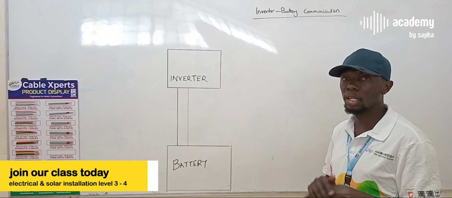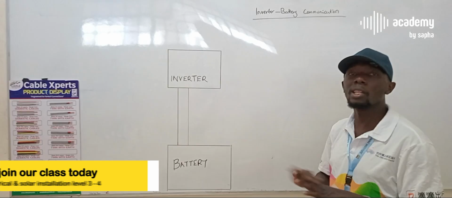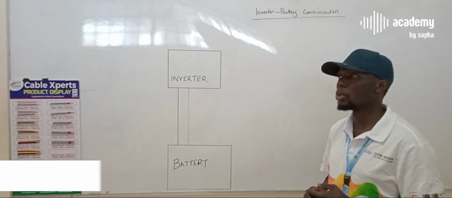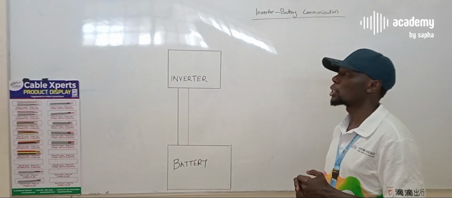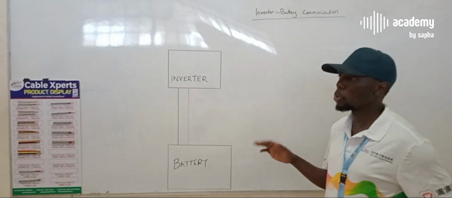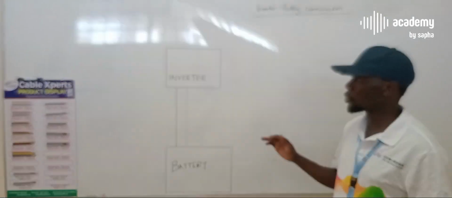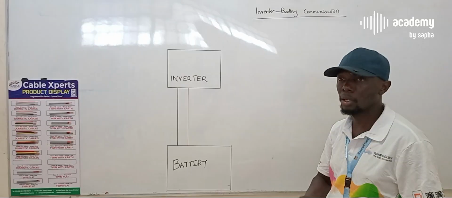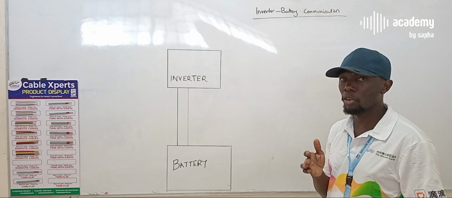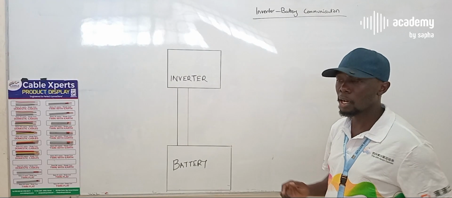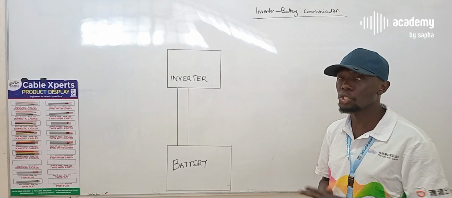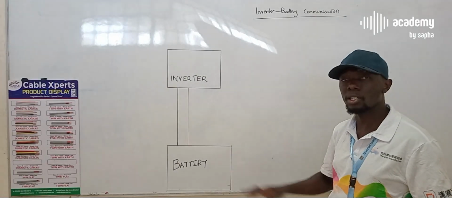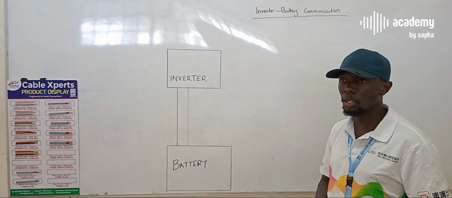So temperature, state of charge, all that, the inverter will never know. Now, we shall look at ways of ensuring that the communication between an inverter and a battery is well developed for this particular protocol, and how to configure your system to ensure that the inverter and the batteries are communicating the best way they can.